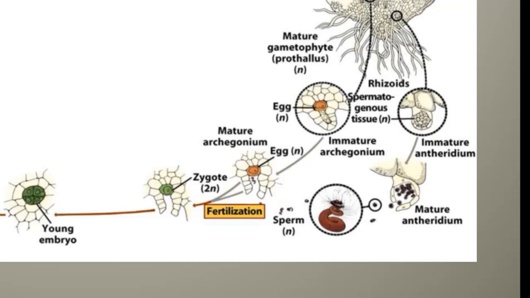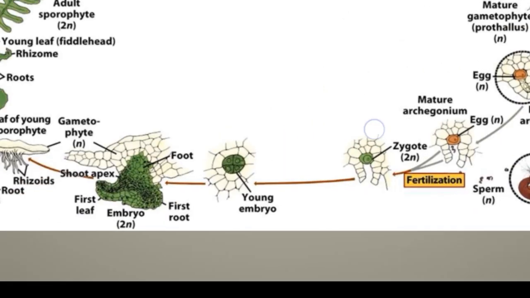It is also an example of chemotaxis. It means the archegonium produces a chemical which attracts the sperm. Now after the insertion of the sperm inside the archegonial neck, the egg is fertilized to form the zygote.